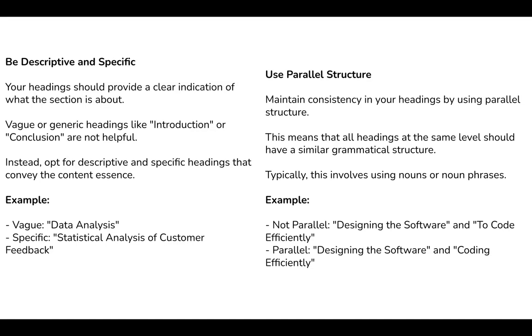So they know that, okay, this is a heading that will probably have multiple subheadings under it. An example of that is when you write things like designing the software in the first H2 heading that you have in your document.